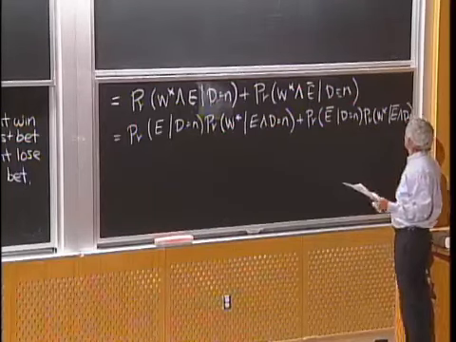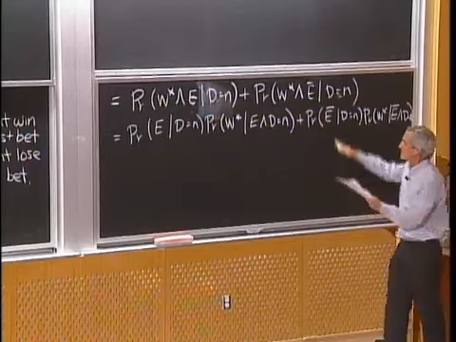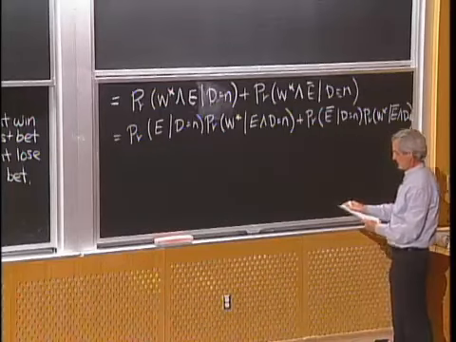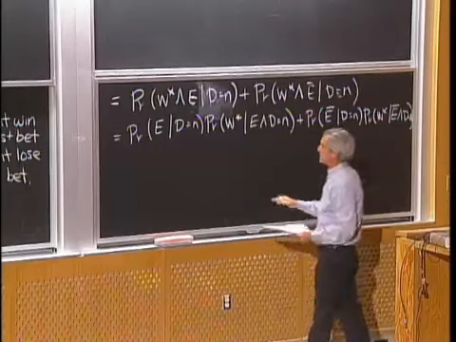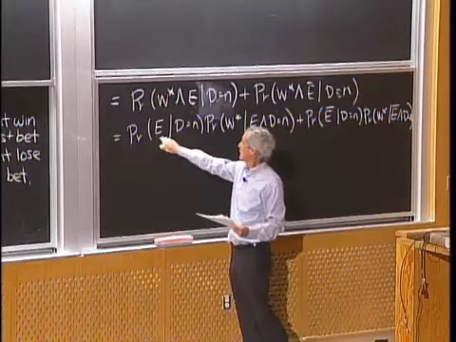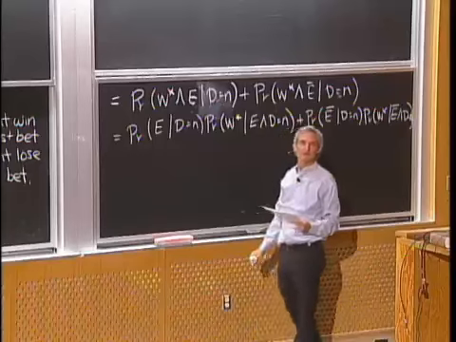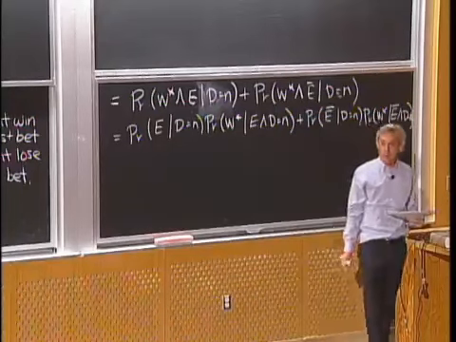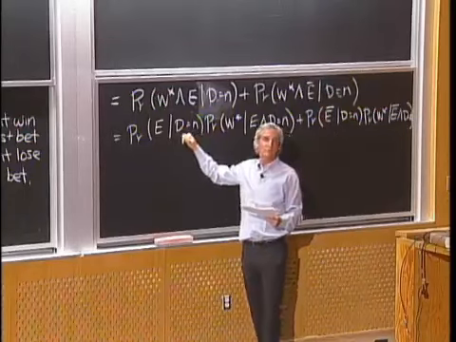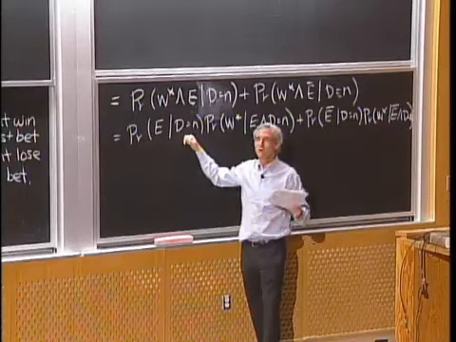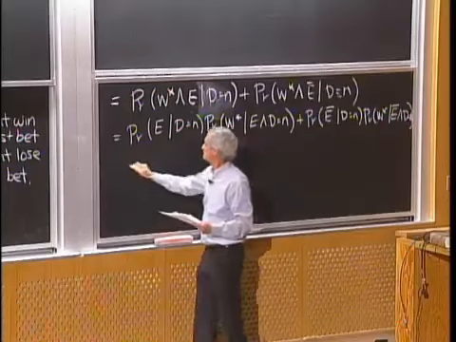It looks like it's gotten more complicated, but now we can start simplifying. What's the probability of winning the first bet given that you started with n dollars? P. In fact, does this have anything to do with the probability of winning the first bet? No. This is just P.